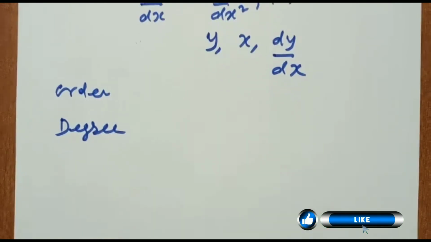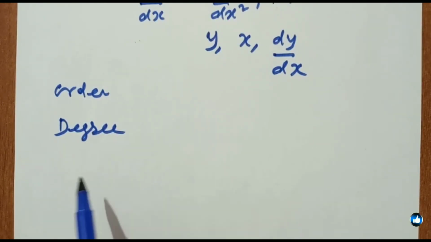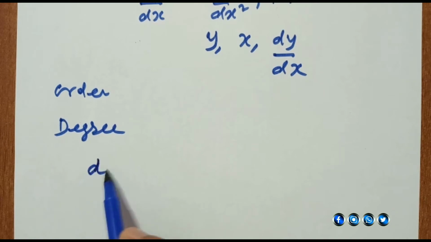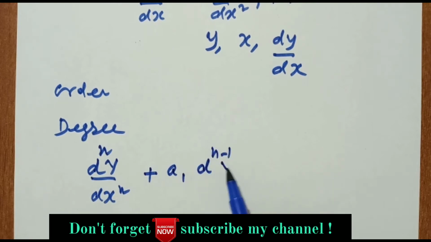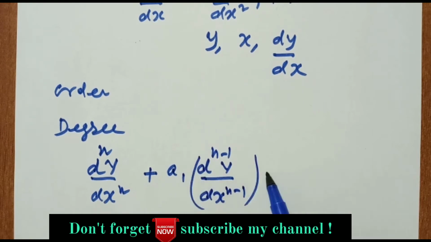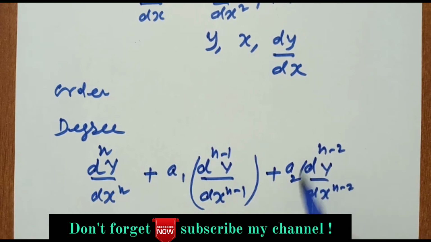I am going to explain with a very nice example. In your differential equation, the highest derivative is n, so dny upon dxn, plus a1 times dn minus 1y upon dx n minus 1, plus a2 times dn minus 2y upon dx n minus 2, and so on up to a_n y equal to 0.